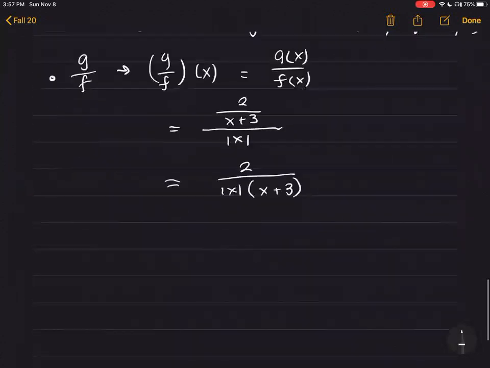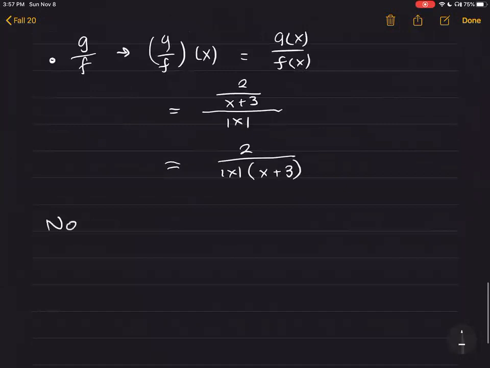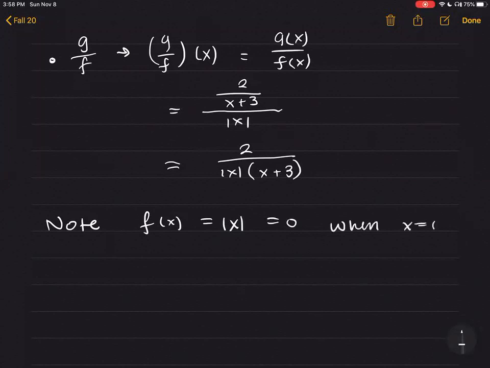Okay. Now, we're going to worry about where f of x is 0. Note f of x, which is the absolute value of x, equals 0 when x equals 0, right? The absolute value of x is only 0 when you plug 0 in.